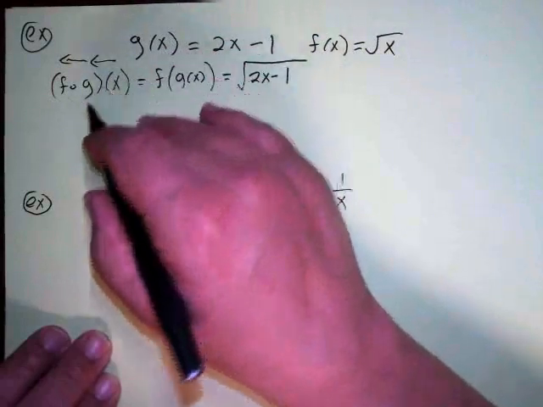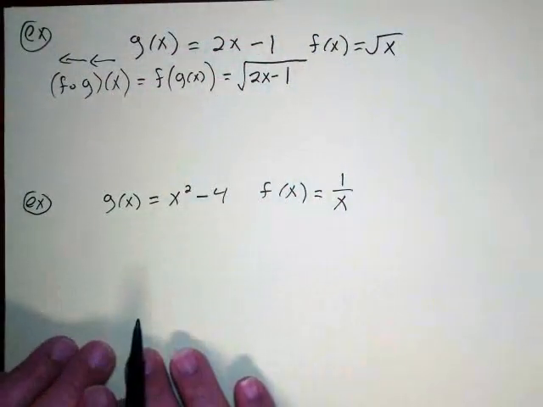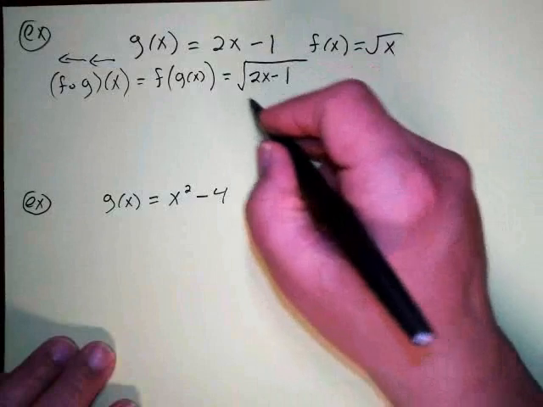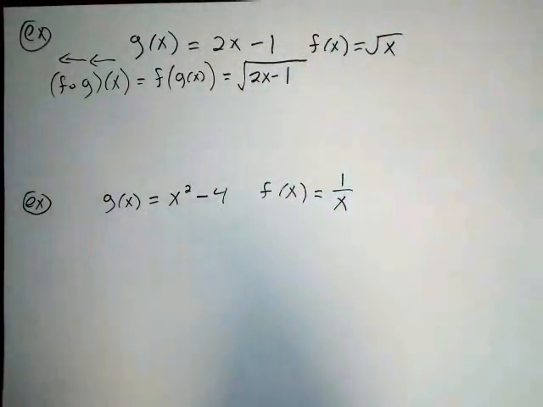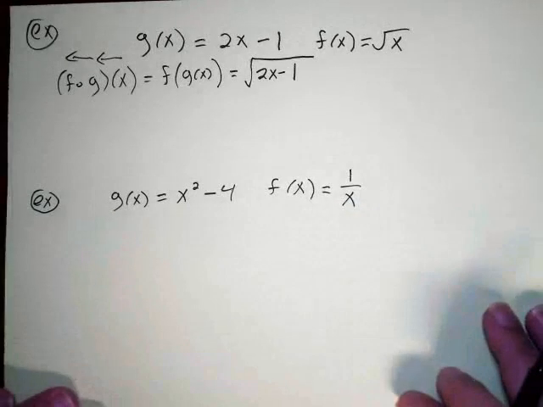So g is inside of f. It's important to be able to distinguish the inside function from the outside function, because we're going to learn a rule called the chain rule, a shortcut rule for differentiating the composition of two functions, and you have to know which one's inside and which one's outside.